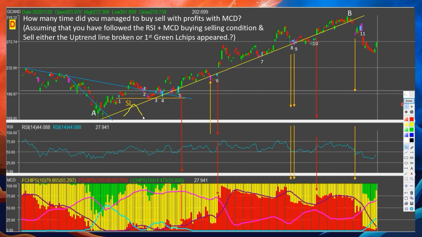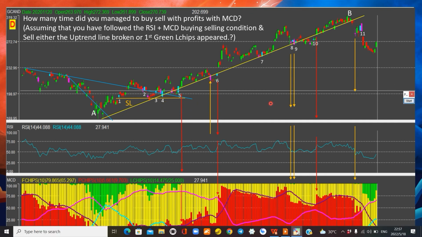The sideways is very long, and you're neither here nor there. All right. So these two indicators, especially the multicolor dragon, give us a visual aid to quickly identify a certain key position with the RSI, and we can avoid this shakeout trap, right?